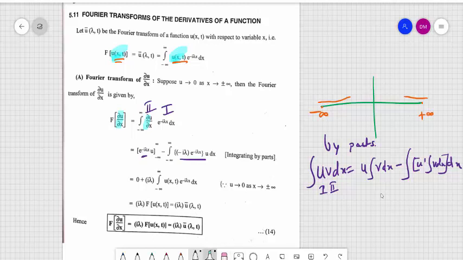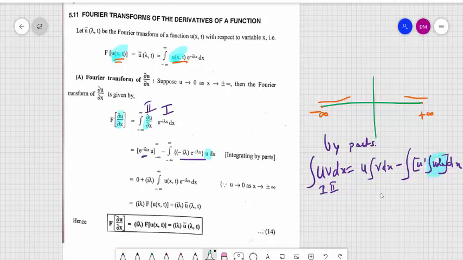So in short, this term is nothing but our u dx as it is. So consider the upper and lower limits. We already discussed that as x tends to infinity or minus infinity, u always tends to 0.